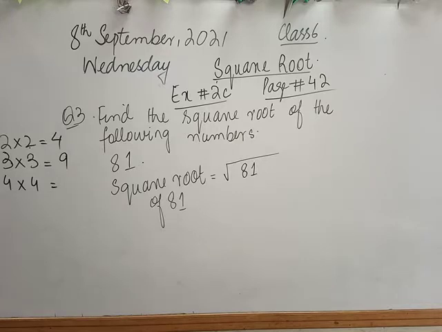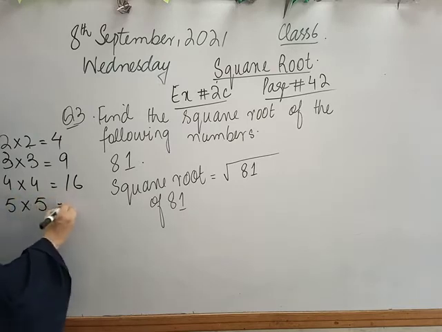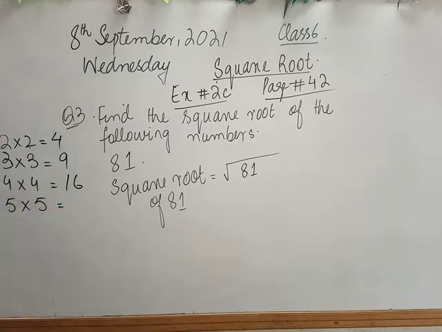Yes, Usman, you tell me. 4 times 4. Very good. 16. Yes, Amna, you tell me. 5 times 5. What do we have in the end? After multiplying 5 by itself, we have 25 in the end.